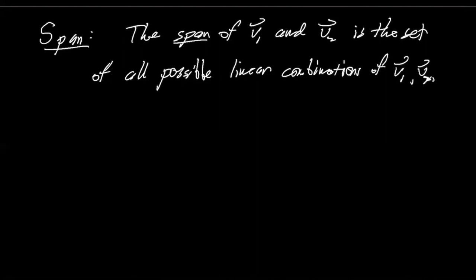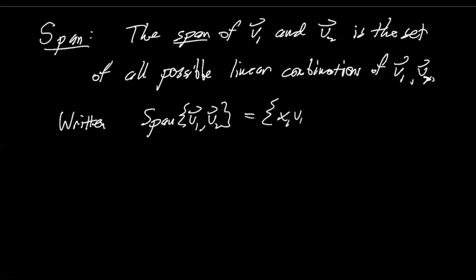It's a set. It has a notation. It's written as span of the set brackets v1, v2, like that. And if you want to write it in set notation, you can think of it as the following. It's the set of everything of the form x1 v1 plus x2 v2, where x1 and x2 are real numbers.